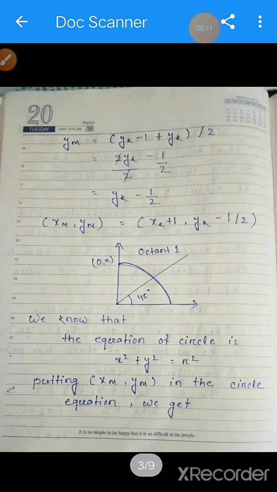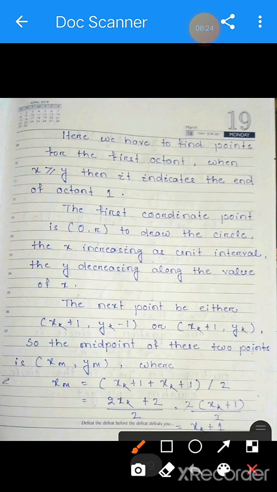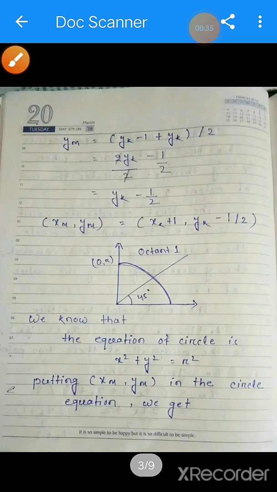After that we can find ym. ym equals (yk minus 1 plus yk) by 2. That means 2yk by 2 minus 1 by 2.